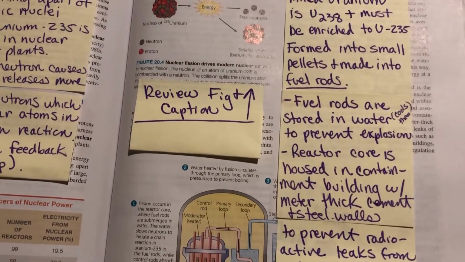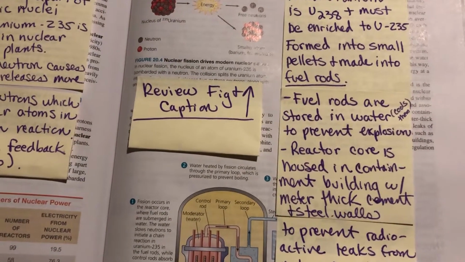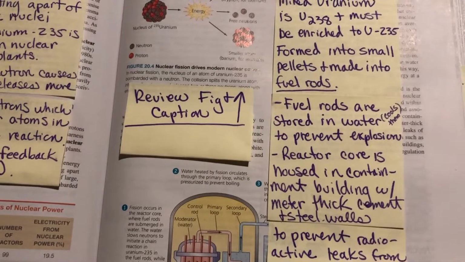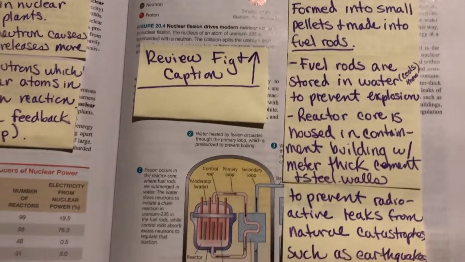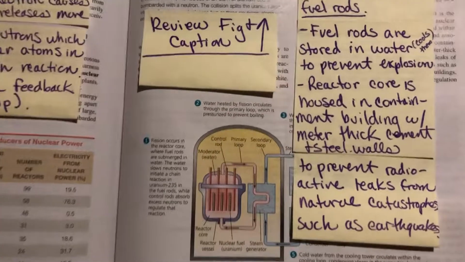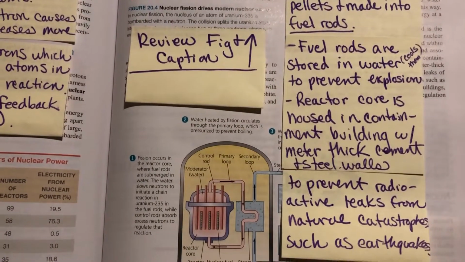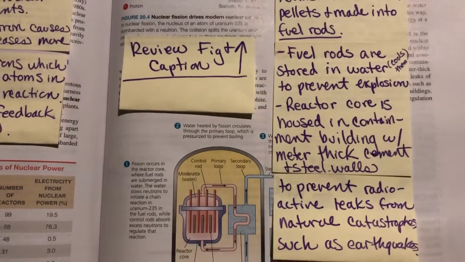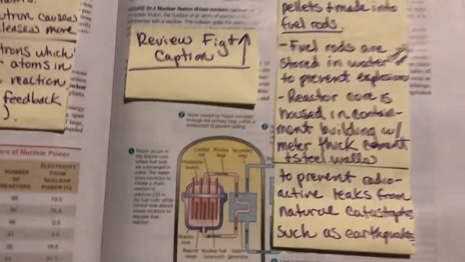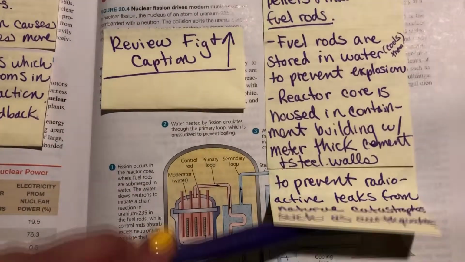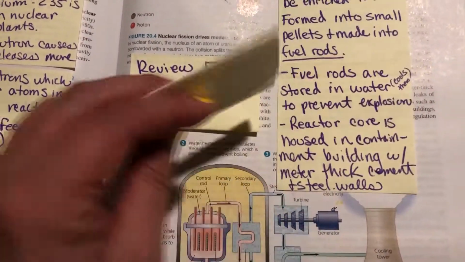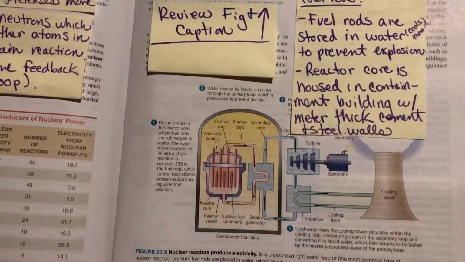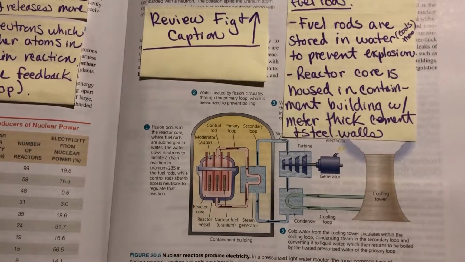The reactor core is housed in a containment building, which has meter-thick cement and steel walls as protection. This also prevents radioactive leaks from natural catastrophes like earthquakes. This diagram explains everything we were just talking about.